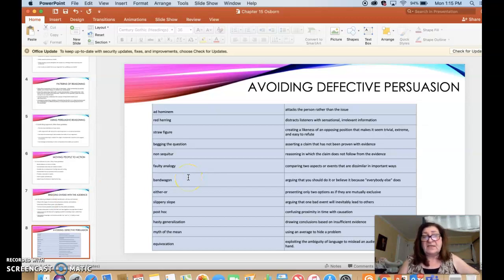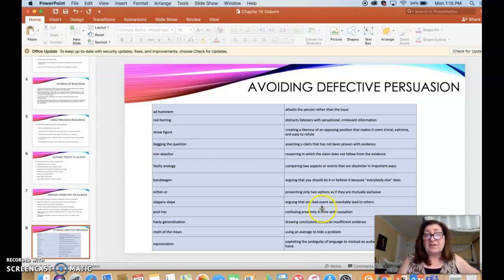Either or, presenting only two options as if they're mutually exclusive. Non sequitur, reasoning in which the claim does not follow from the evidence. As we said, faulty analogy, comparing two aspects that are dissimilar in very important ways, apples and oranges. Bandwagon, arguing that you should do it or believe it because everybody else does.